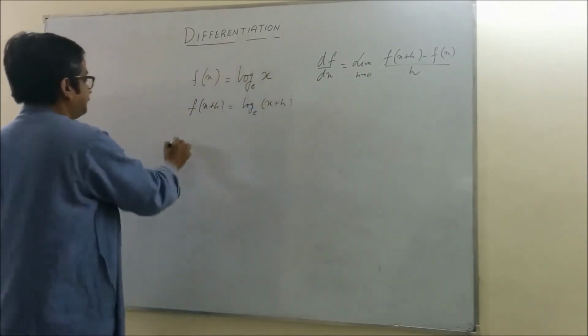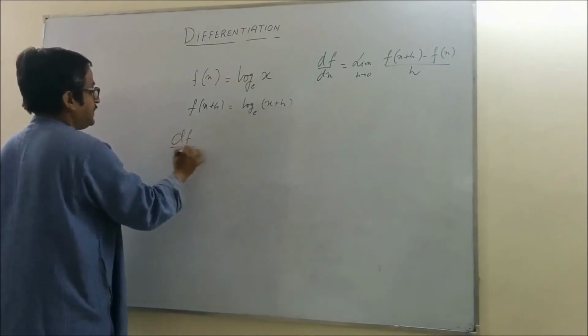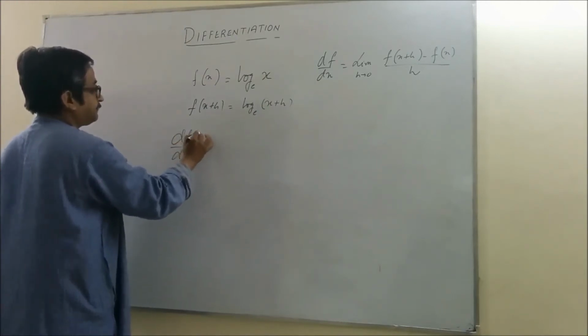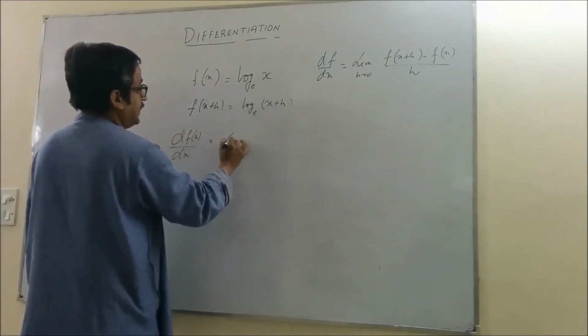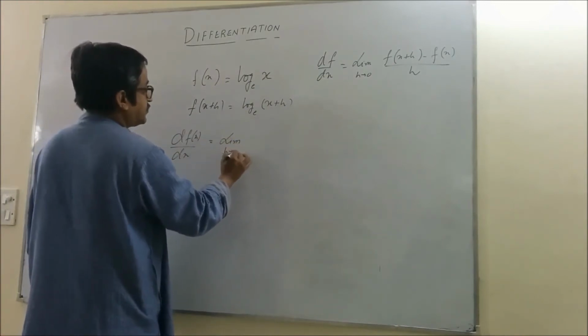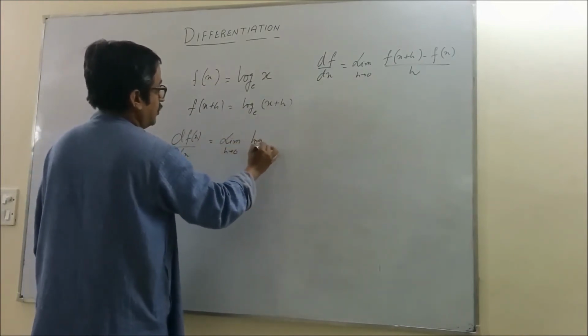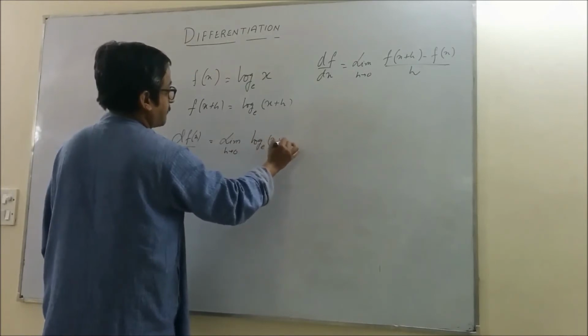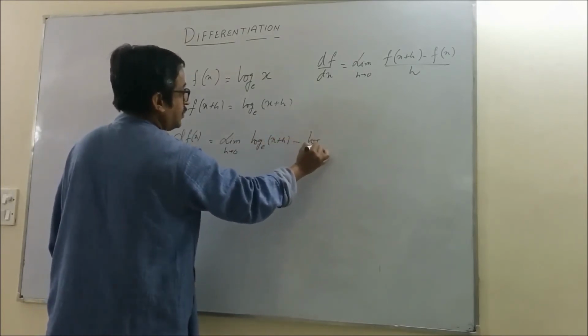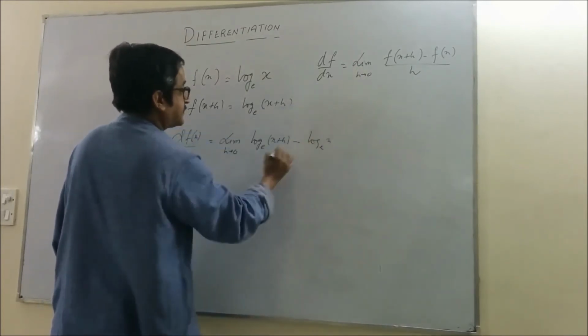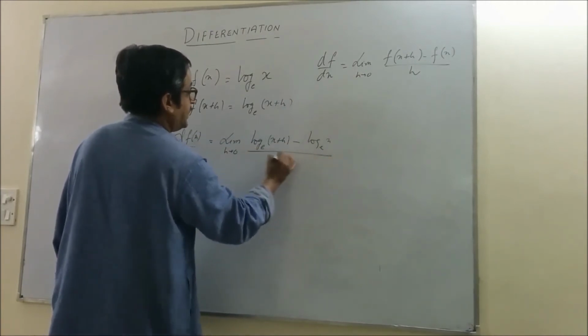Use the formula. So df/dx is limit h tends to 0 log (x plus h) minus log f(x), by h.